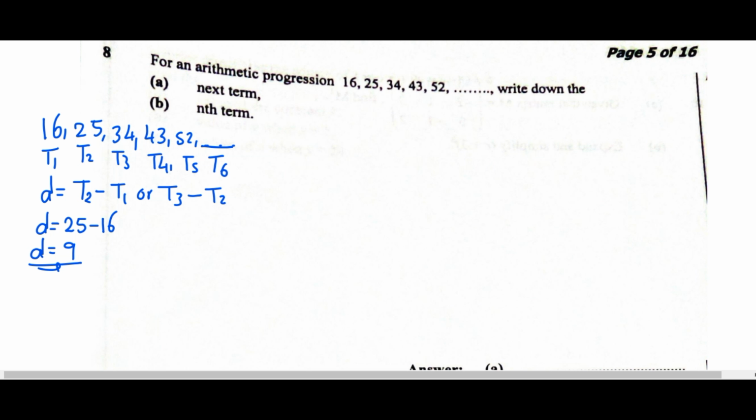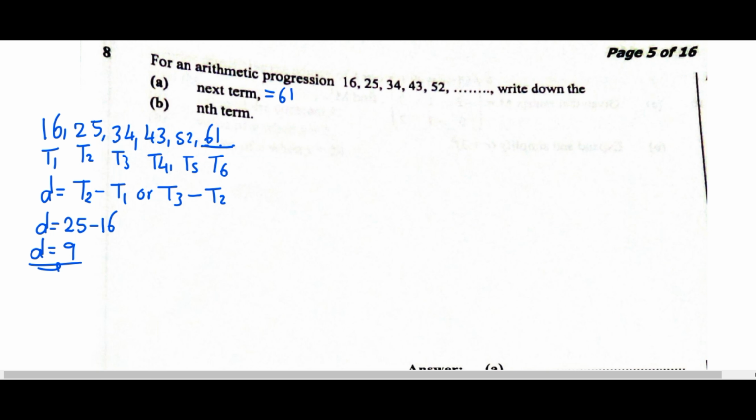This means that they were adding 9. So 16 plus 9 we get 25, plus 9 is 34, 34 plus 9 is 43, plus 9 is 52. 52 plus 9, here we get 61.